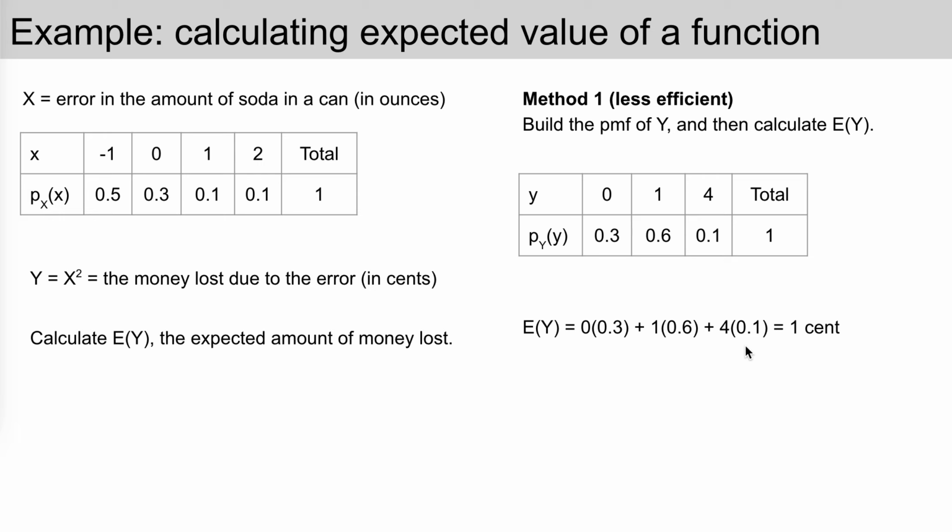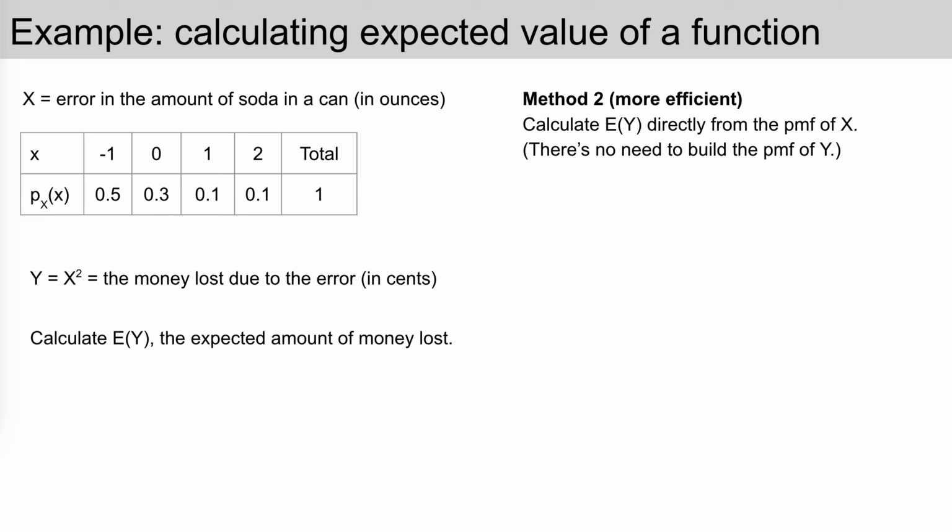Now, this method of calculating the expected value of y works, but there's also a more efficient approach. Since y is a function of x, we can calculate the expected value of y directly from the PMF of x. That is, there's no need for us to take the additional step of building the PMF of y. To this end, we take each possible outcome of x, square it, and weight it by its corresponding probability.